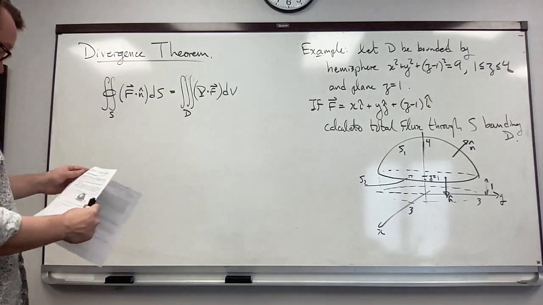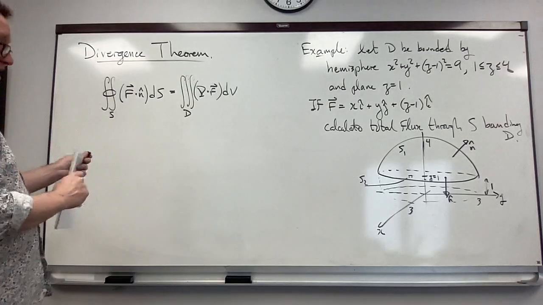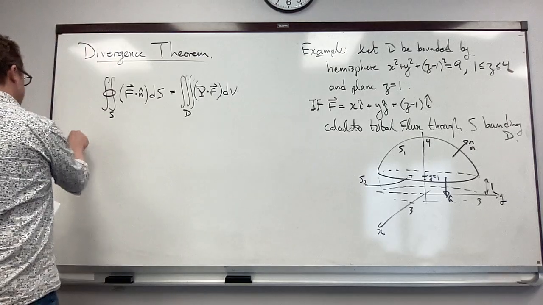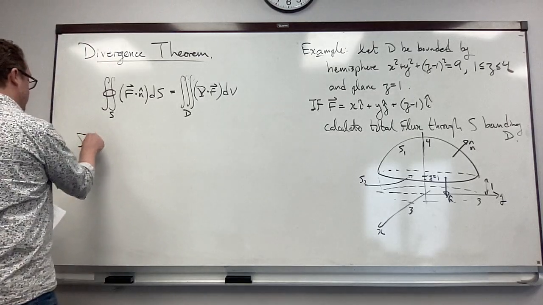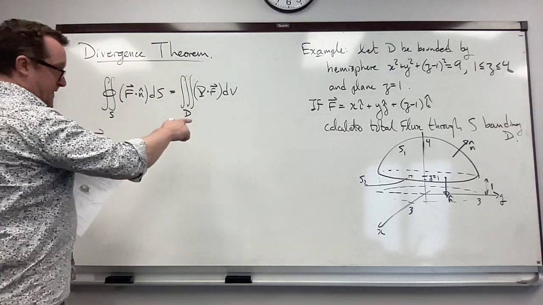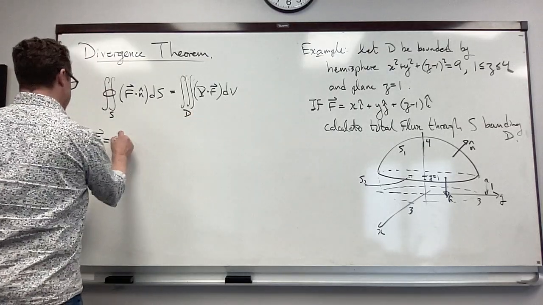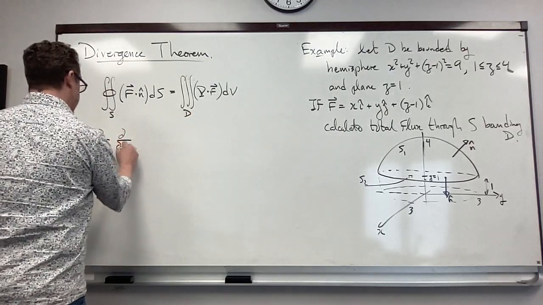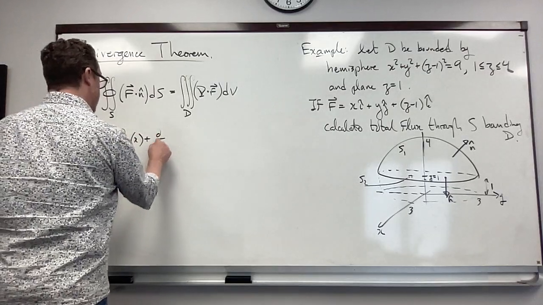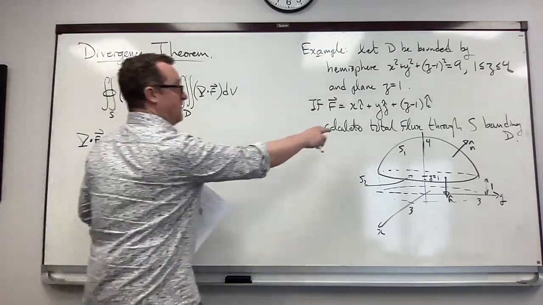The first thing we would do is, okay, well, we got F. Let's get the integrand. Let's calculate the divergence of F. So I need the divergence of F. Right? So that is ∂ by ∂x of the x component, so that is ∂/∂x of x, plus ∂ by ∂y of the y component of F, which happens to be y.